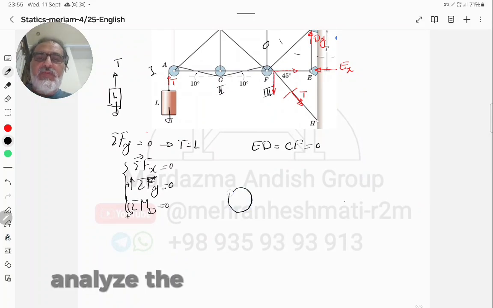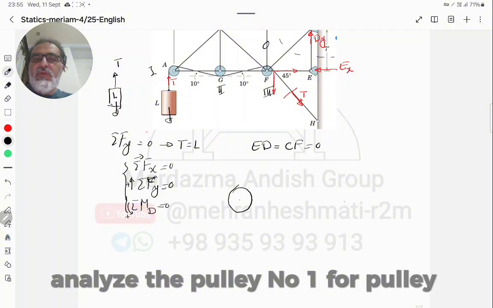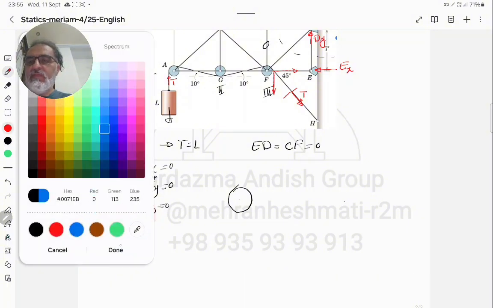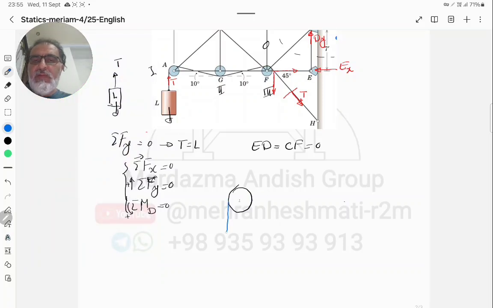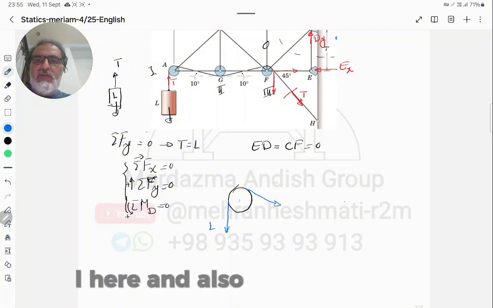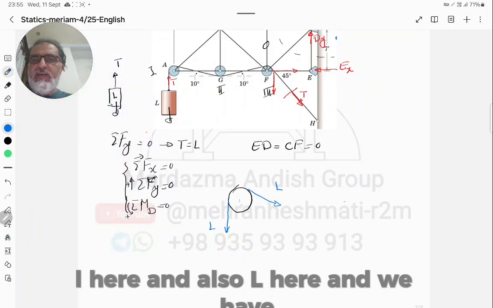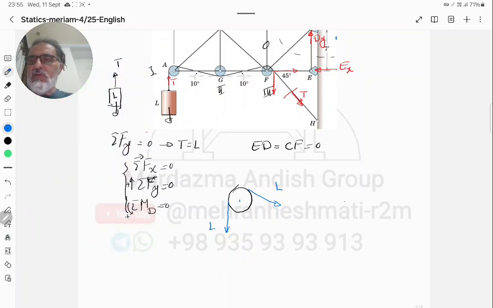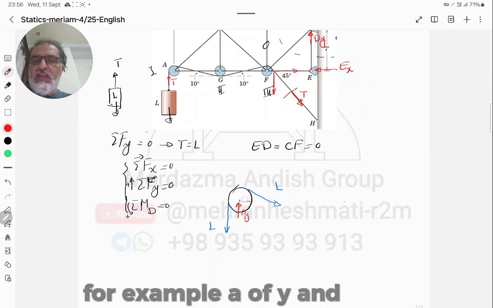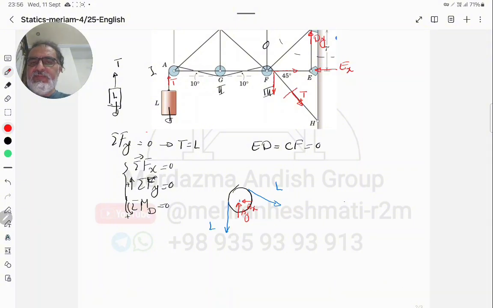And now I analyze the pulley number 1. For pulley number 1, we have L here and also L here, and we have two unknown forces, for example, A of y and A of x.